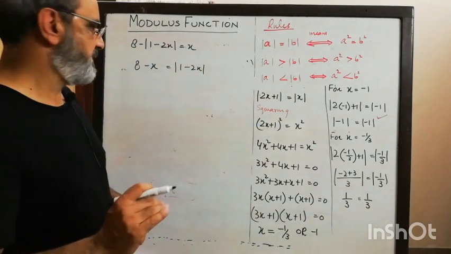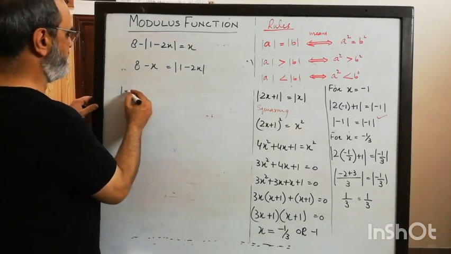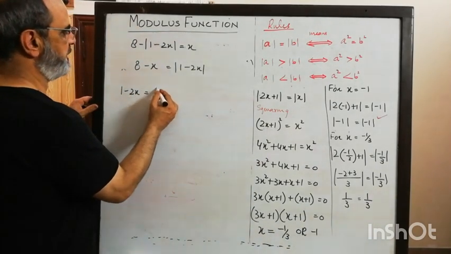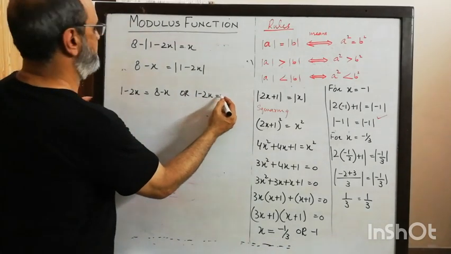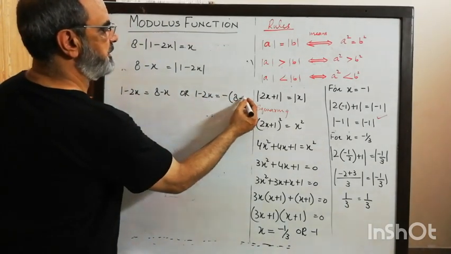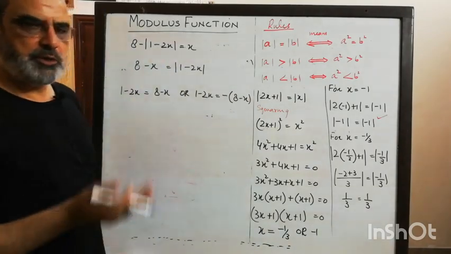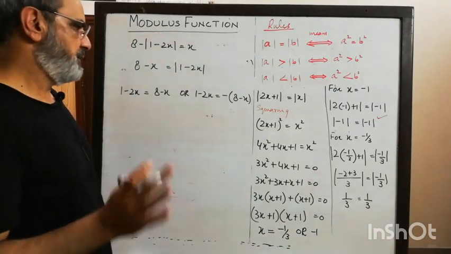I'm going to use the basic definition. 1 minus 2x is equal to 8 minus x, or 1 minus 2x is equal to minus of 8 minus x. You can use both techniques, the squaring or the basic method.